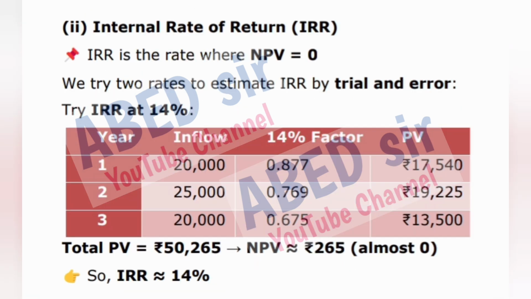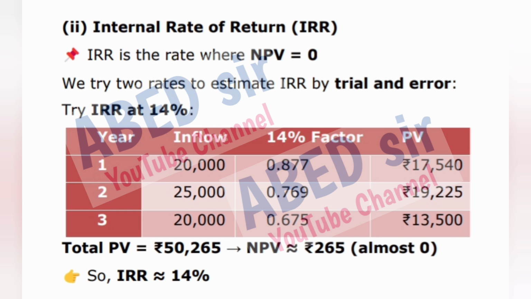2. Internal rate of return, IRR. IRR is the rate where NPV is equal to 0. We try two rates to estimate IRR by trial and error. Try IRR at 14%. Year 1: 20,000, factor 0.877, PV 17,540 rupees.